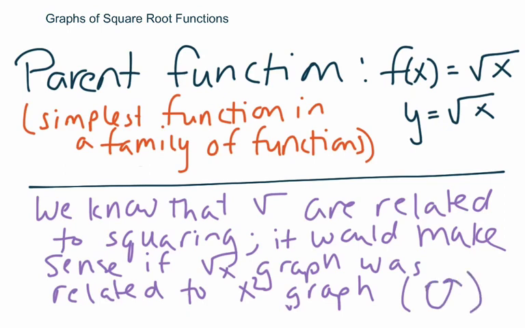Now we don't expect the graph to be a parabola because that's the graph of a quadratic, but we know that squaring and square rooting are related operations. So it would be logical to think that the graph of square rooting would somehow be related to the graph of squaring, which of course the graph of y equals x squared is a parabola. So I just want you to keep that in mind as we're building our table and plotting those points. We don't really know what this graph is going to look like, but we're expecting it to be related to the graph for a quadratic.